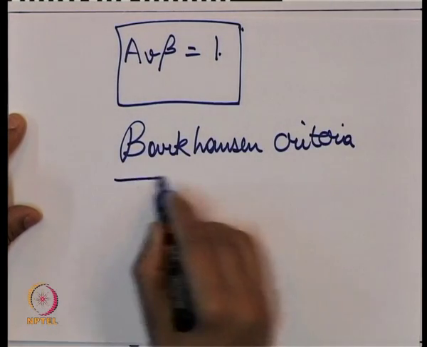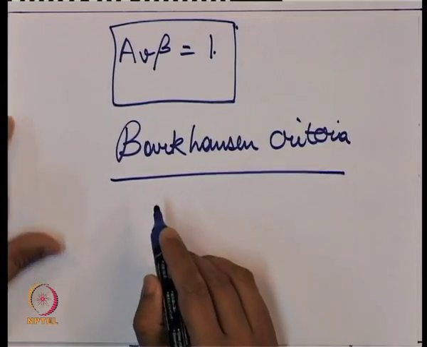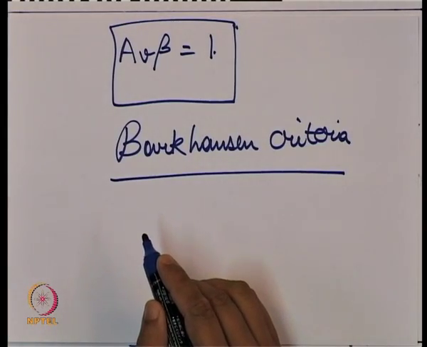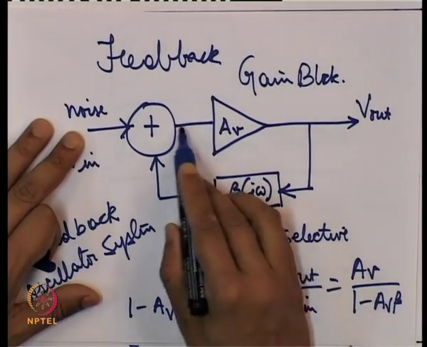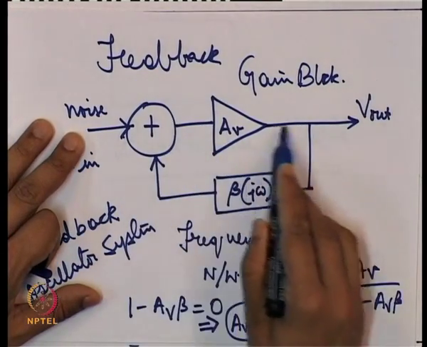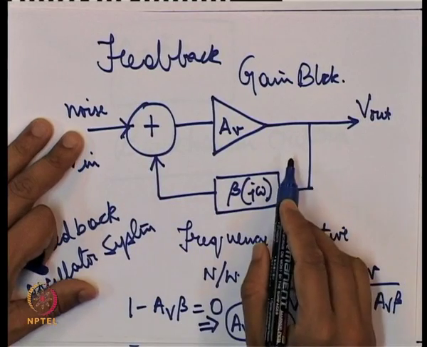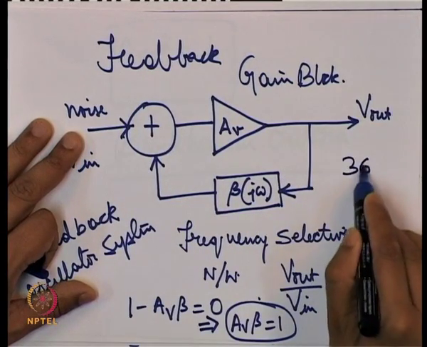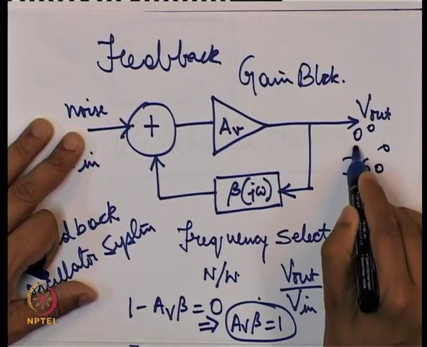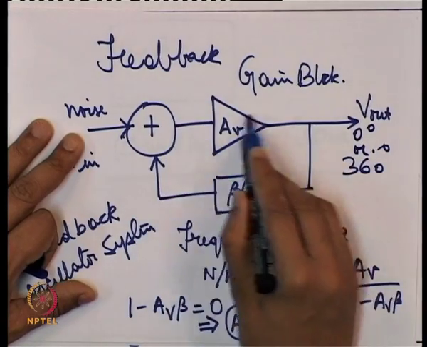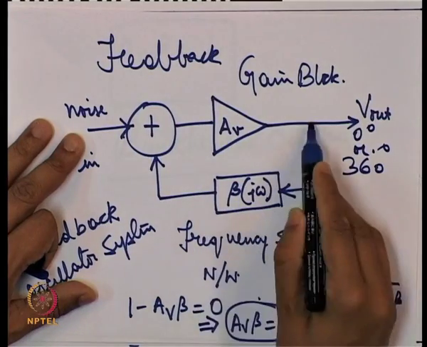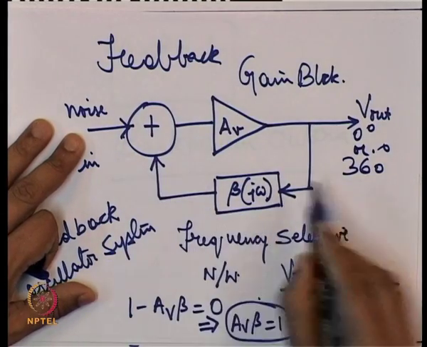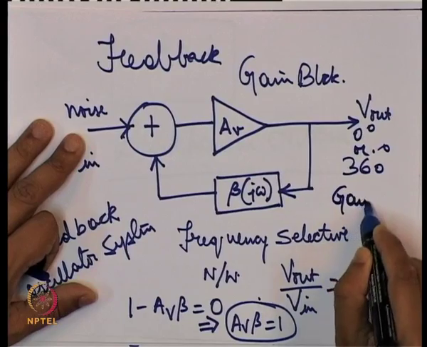So, this in turn means, if we go back to that feedback diagram, it means that the total phase change over this entire feedback path should be 0 or 360 degrees, and the total gain starting from this point all the way through to the other end and then back should be 1.